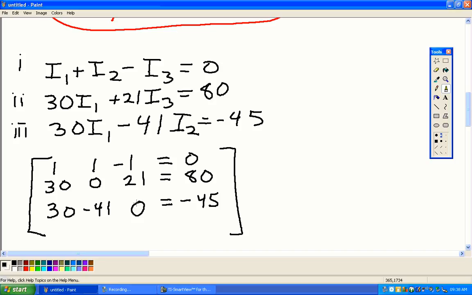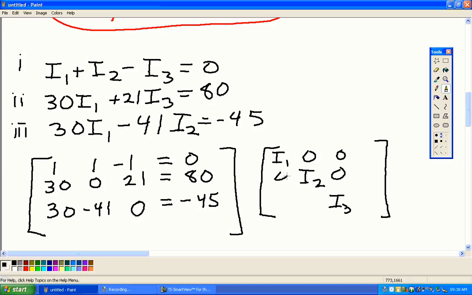Can everybody see I'm starting to set up my matrix? Now, what the calculator will do for me is set it up so that I have a 1 in front of that, a 1 in front of that, and a 1 in front of that, with 0s everywhere else and some number over here.